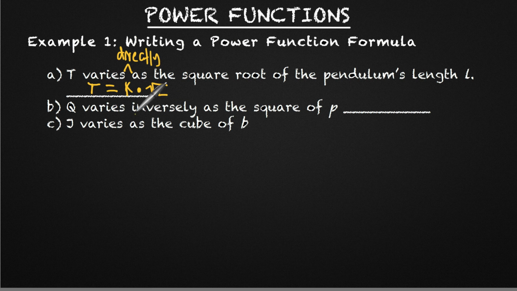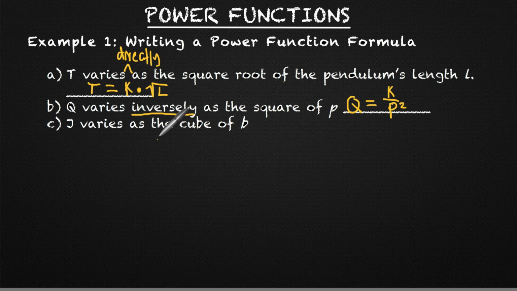Let's see if we can do part B. Q varies, here it is, inversely as the square, not the square root, of P. So you will write Q equals K divided by P squared. Let's read that. Q, there's Q, inversely K divided by the square of P, P squared.